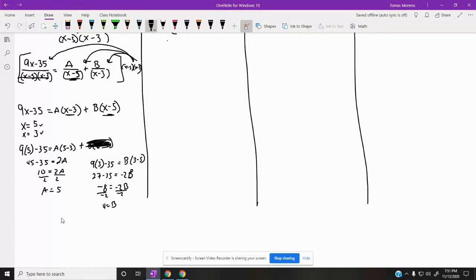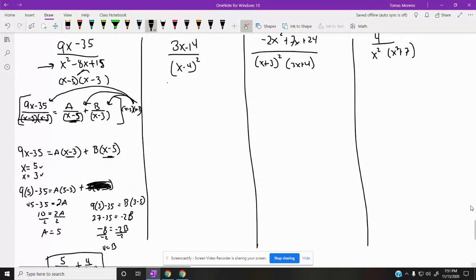My fraction is going to be 5 over x minus 5 plus 4 over x minus 3. Okay, so that's my decomposed fraction.